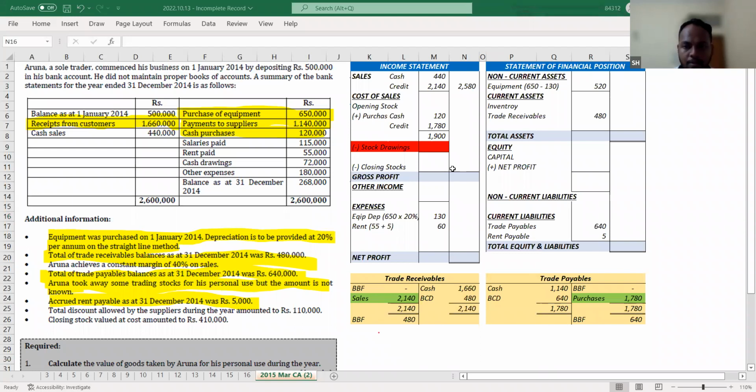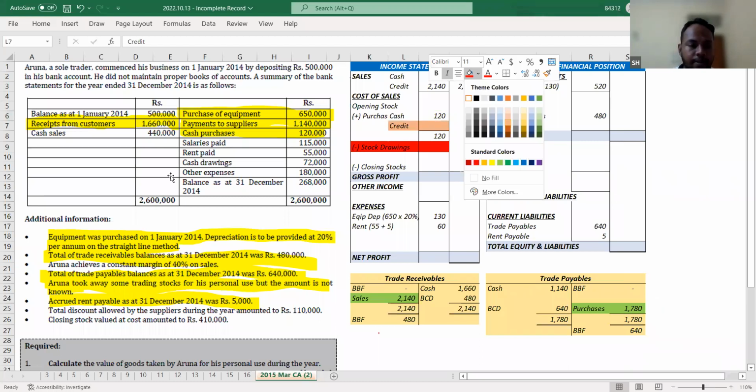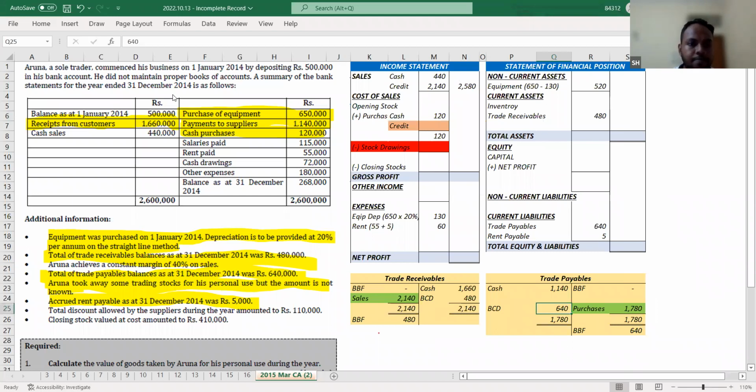There is a small concern. There is a discount. Okay, we need to do a small adjustment here. Purchases, credit purchases, not 1,780. There is another adjustment here. What is that? Total discount allowed by the suppliers during the year amounted to 110,000.